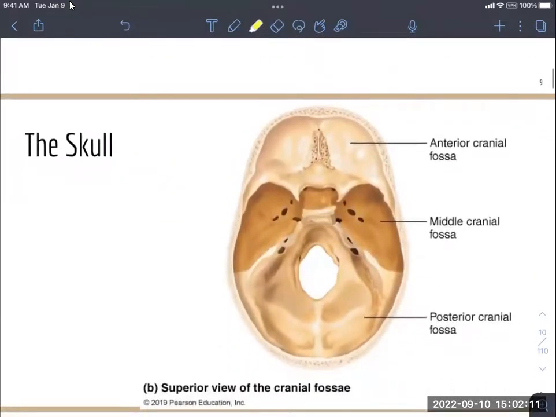So here is our anterior cranial fossa. It's this part up in the front. Our middle fossa is the part here in the middle. Our posterior fossa is this whole area through here.